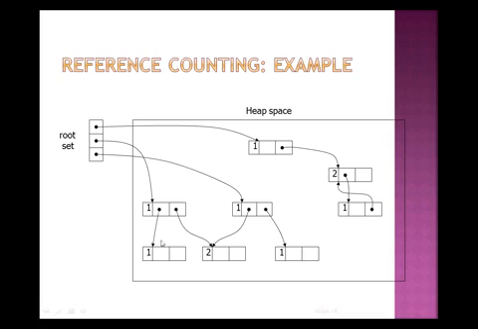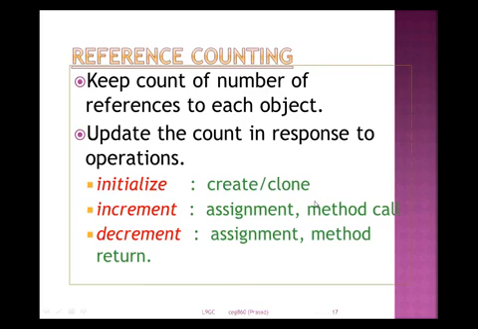This is linked to 1, this is linked to 1 and 2, this is linked to 2, and this is linked to 1. So this is how we can attach the various memory blocks to each other with the help of references. Reference means the addresses, and that is known as reference counting.